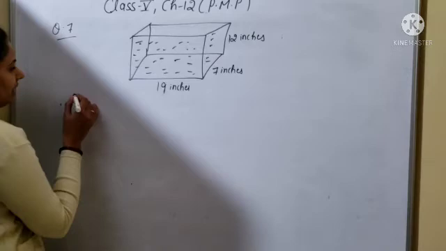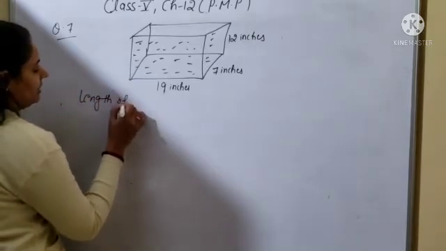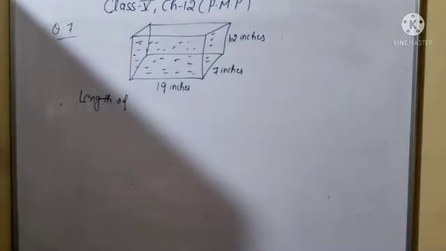Okay, so simply you can write down first: length of fish aquarium. What is given? This fish aquarium is given, na? Rectangular fish aquarium.